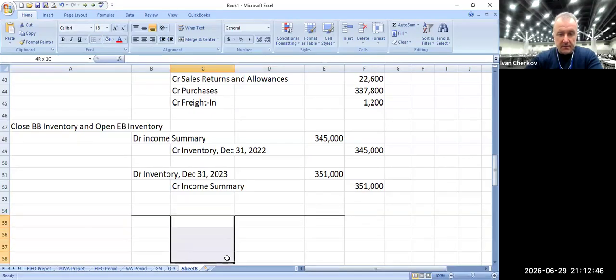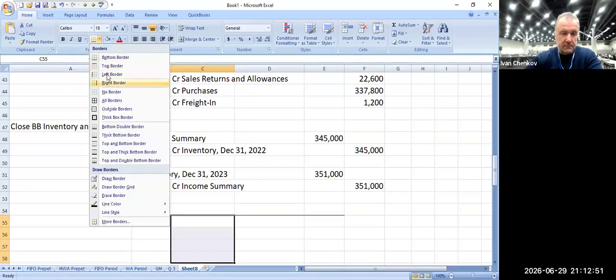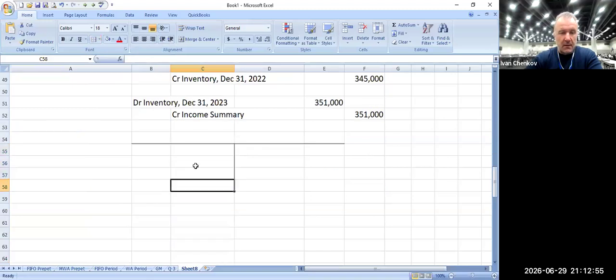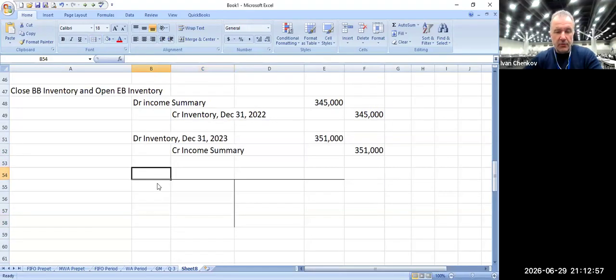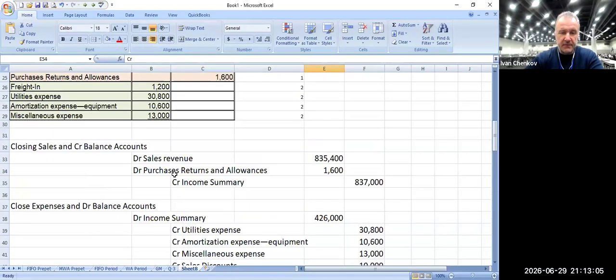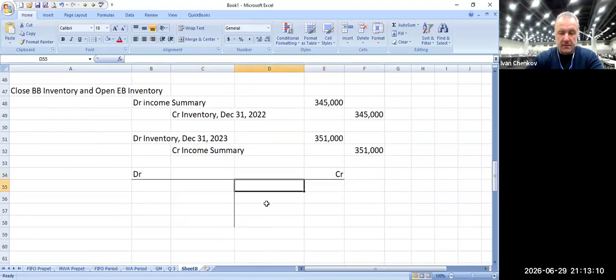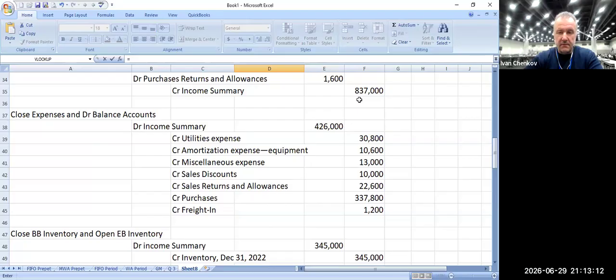In the income summary account, as we know, we only gonna have accumulation here, and at the end of the period, we have to bring it down to zero. So let's see what's coming in the income summary. First, from closing the revenue, we have on the credit side 837.